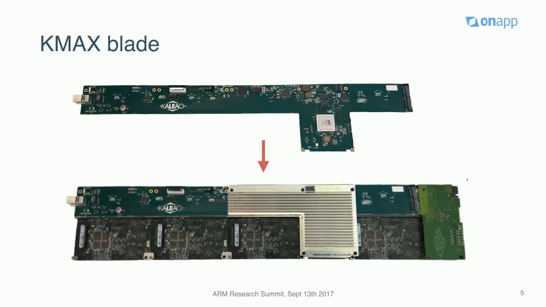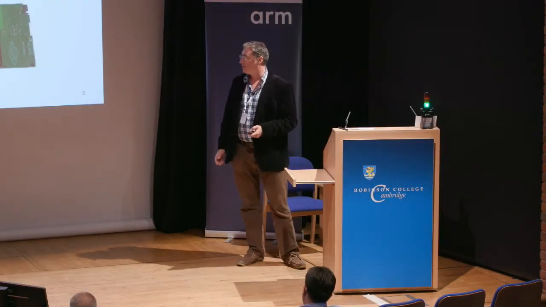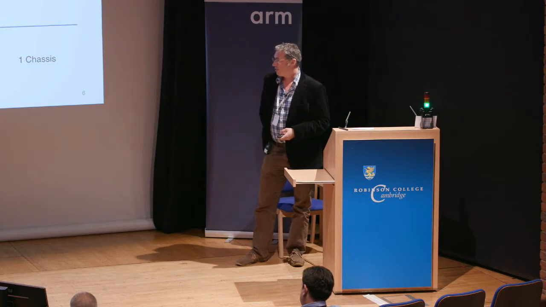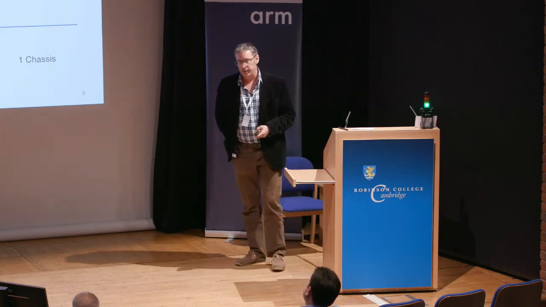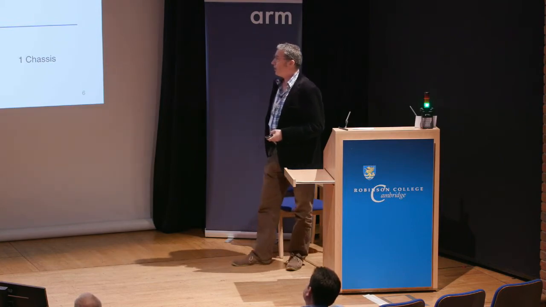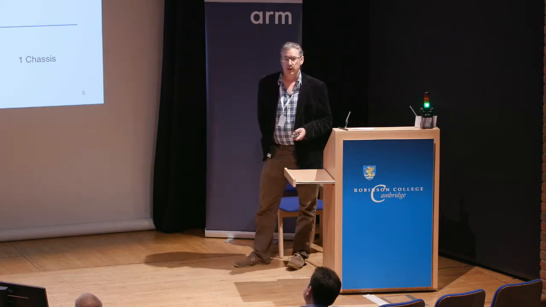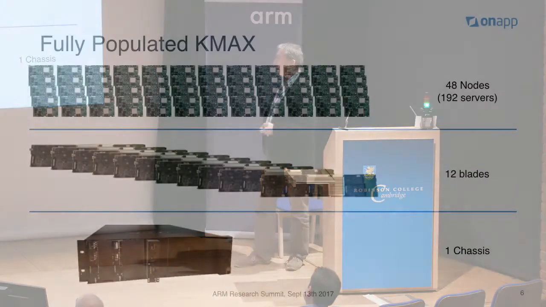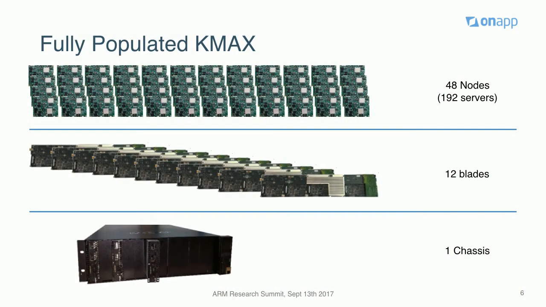So each blade has an integrated 10 gigabit switch with 40 gig uplink ports to the front of the chassis, which allows it to achieve a very high level of density. Just to give you an idea of that, one 3U chassis can contain 12 blades, which in turn can host 48 compute nodes and therefore 192 discrete servers executing on the system.